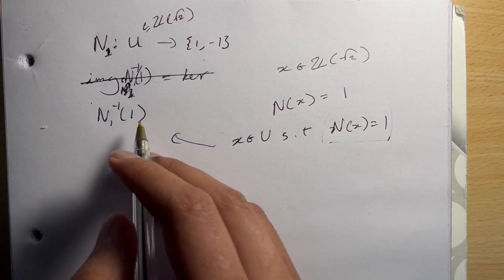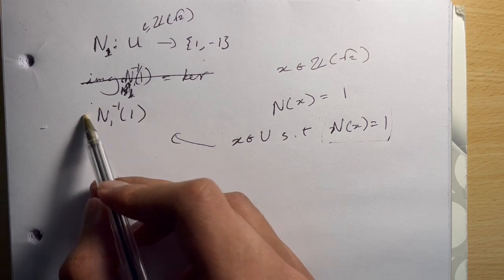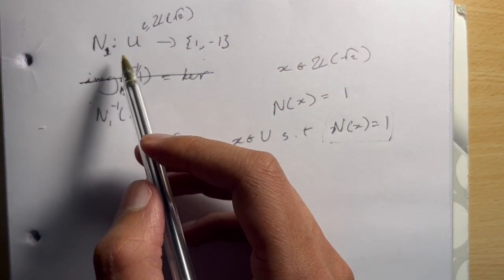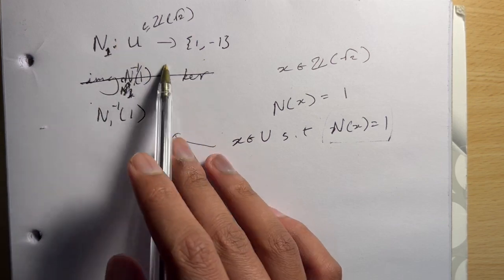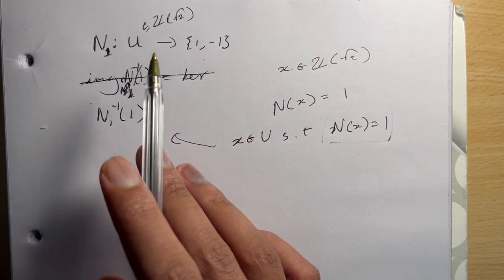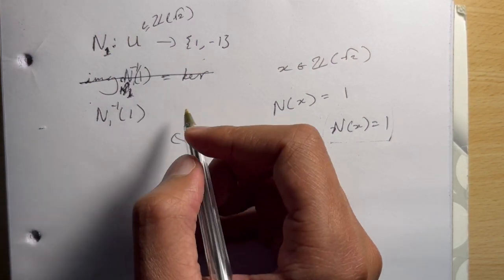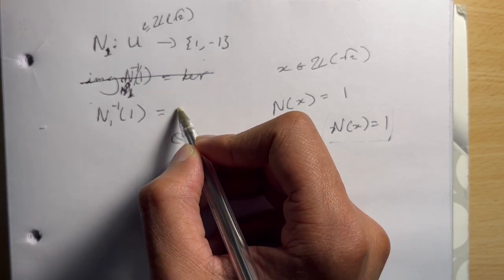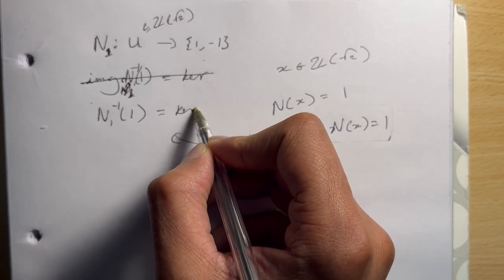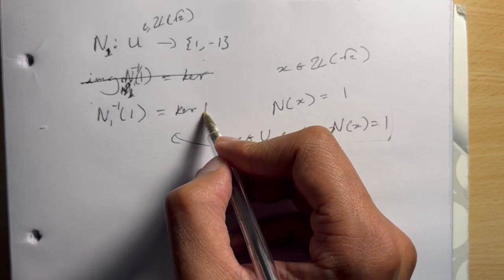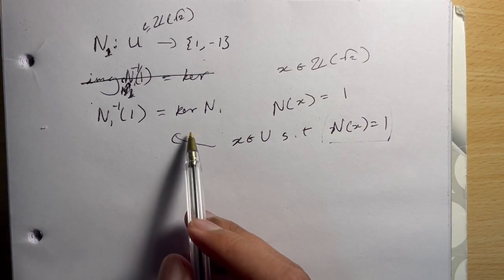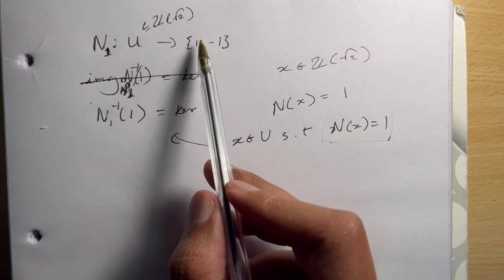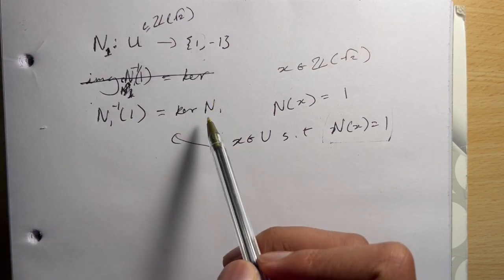Because of the Pell equations. And in this case, maybe this is not all of them, but we get a nice bunch of them of a certain form. And this is equal to the kernel of N1, because this is a group homomorphism and 1 is the identity element.